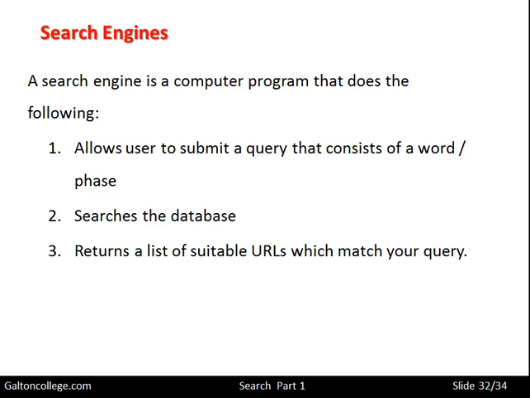So having performed the search, the search engine brings back a list of URLs, these uniform resource locators, and that helps us to find what we're looking for.